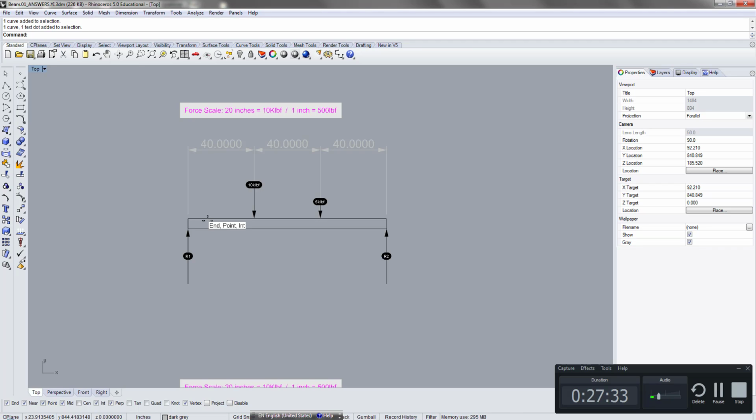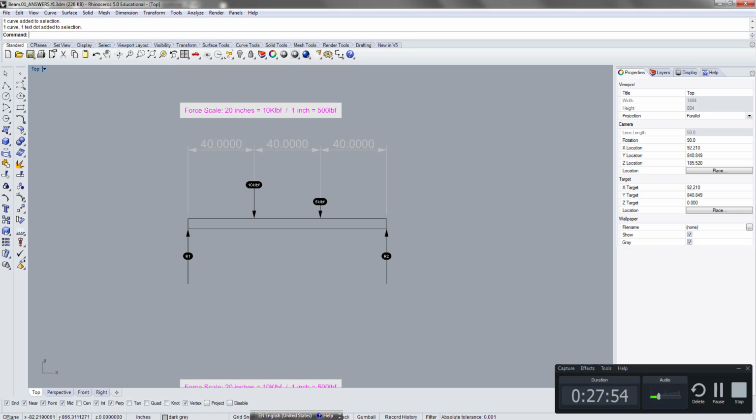But the way the cable resisted loading was purely through its axial force. Axial force meaning the force that's basically parallel to its own length. Because we've always been looking at the straight, long, slender members, right?